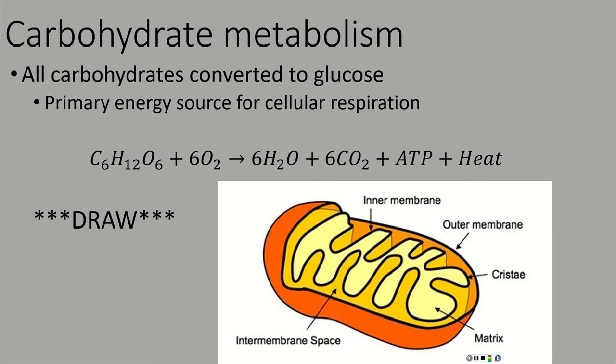So what we're going to do is draw the steps of cellular respiration. Each step we're going to draw through. Now your book does have all of these steps, in chapter 26, figure 26.5, 26.6, and 26.8. Those are going to be the steps of cellular respiration.